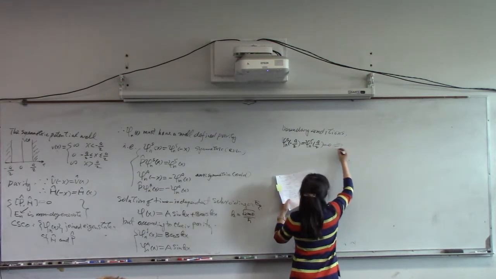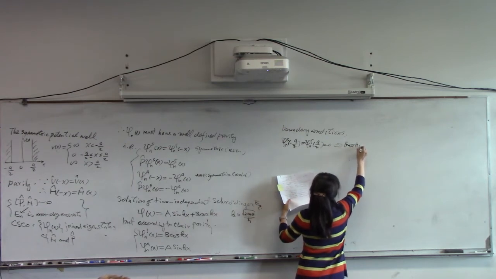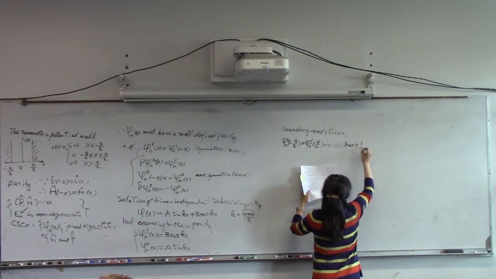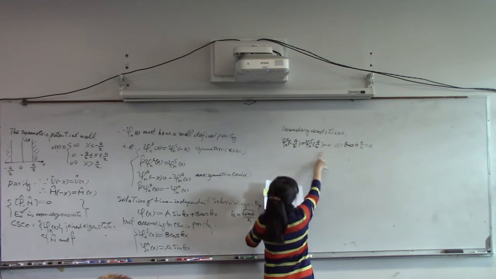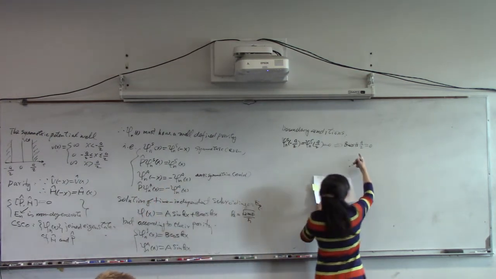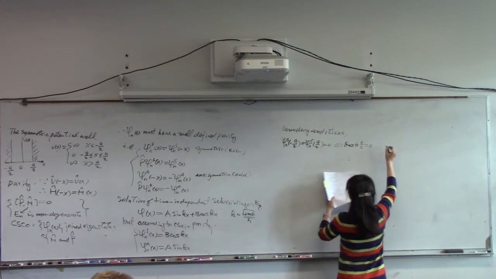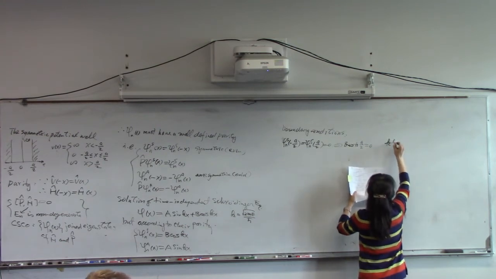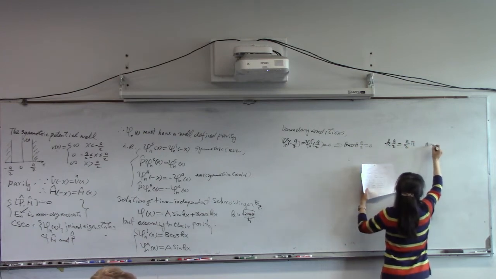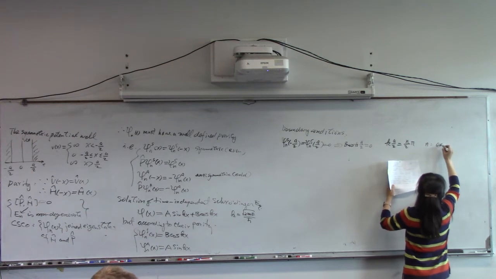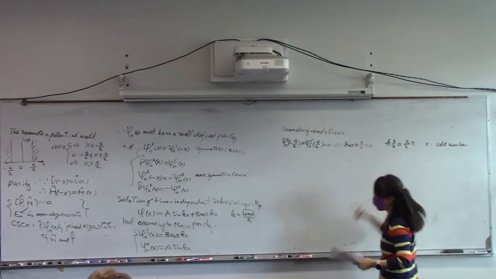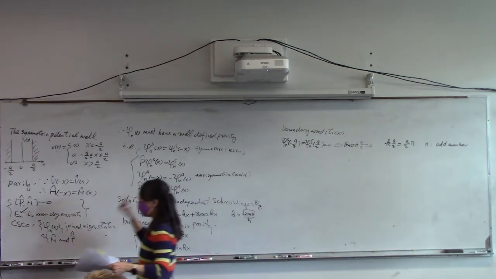So this immediately gives us B cosine of k half a equal to 0, because cosine of minus alpha equals cosine alpha, right? So from here, k half a is equal to half n pi, with n an odd number, because we know cosine vanishes at half pi, 3 half pi, 5 half pi, 7 half pi.